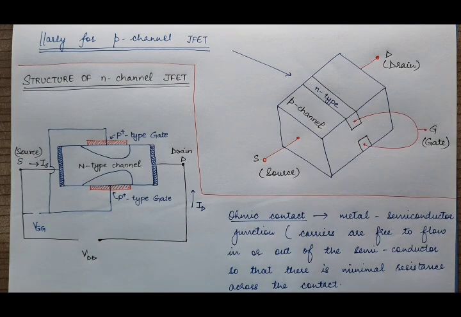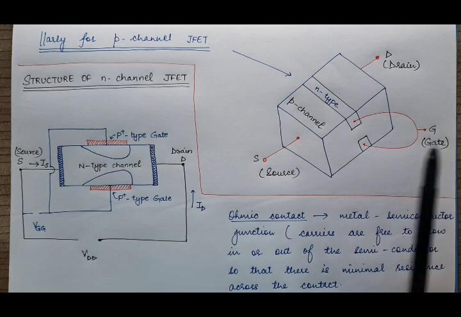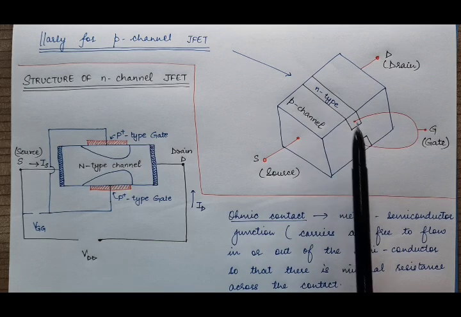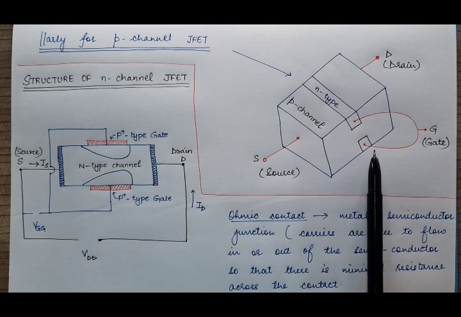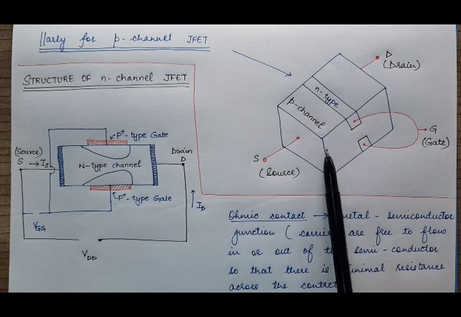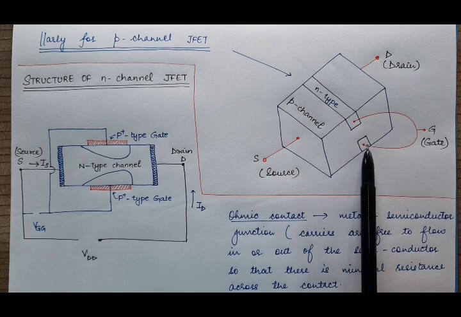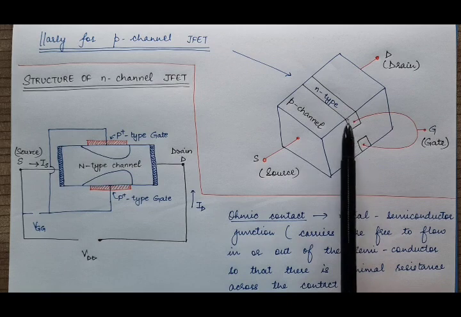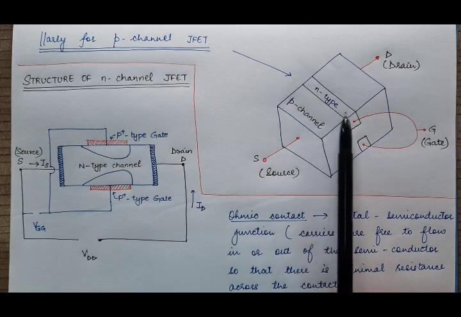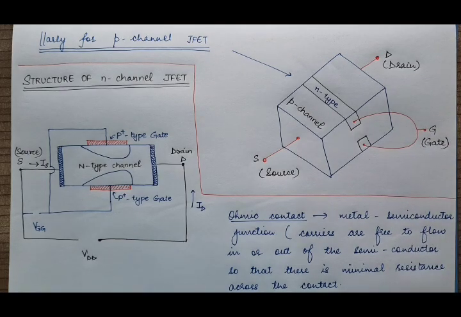To form the third terminal, gate, we have doped the opposite sides of the semiconductor bar with an impurity of the opposite type to that of the bar. Here the bar is p-type, so the impurity diffused here is of the opposite type, that is n-type. This n-type impurity makes this portion n-type, and this common terminal is known as gate.